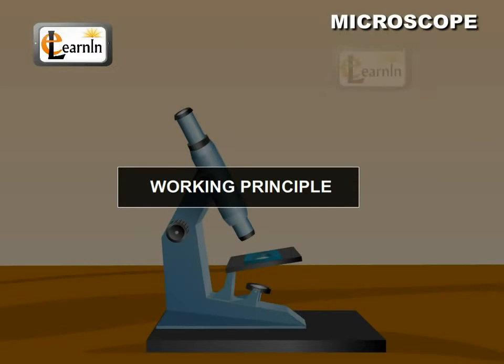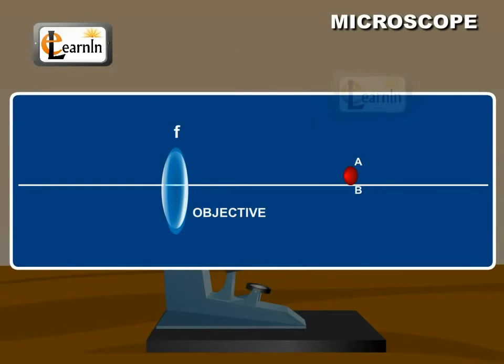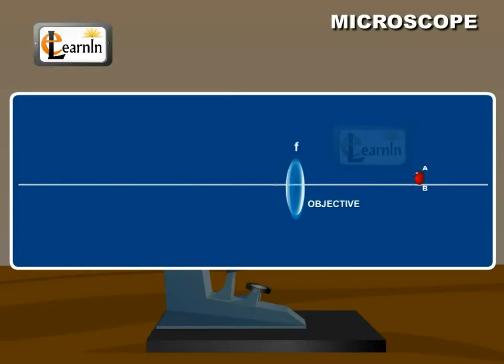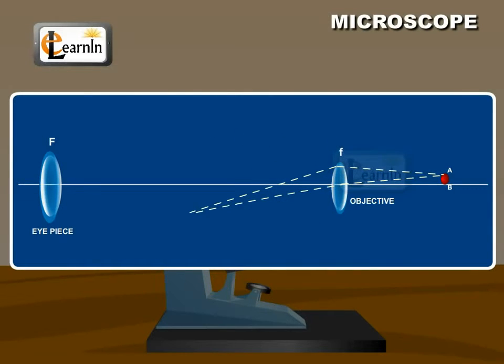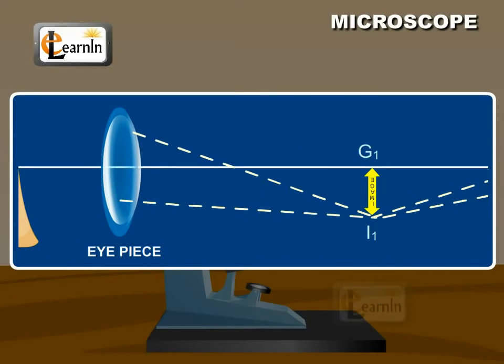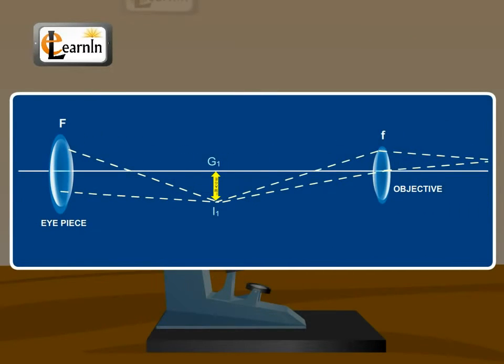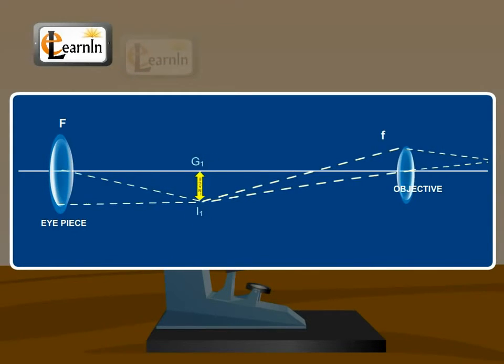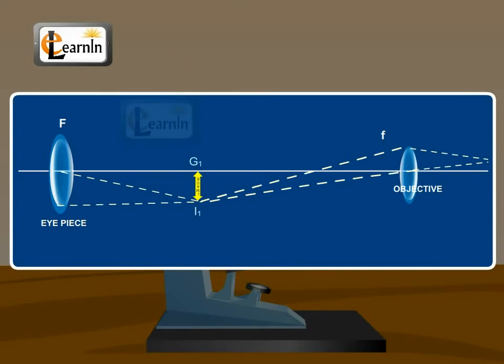Working principle. When a small object AB is placed beyond the principal focus of the objective O, a magnified image, real and inverted, I1G1 is formed on the other side of the objective beyond F. Now, this image I1G1 serves as an object to the eyepiece E. The distance between this image and the eyepiece is adjusted so that the image falls within the principal focus of the eyepiece.